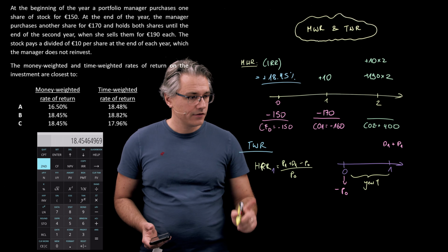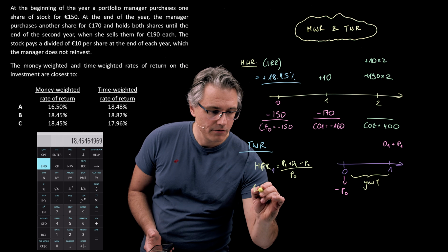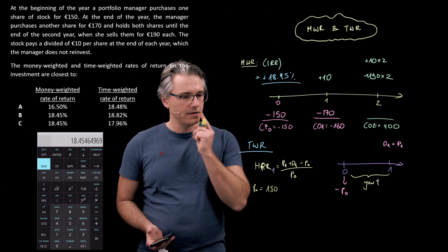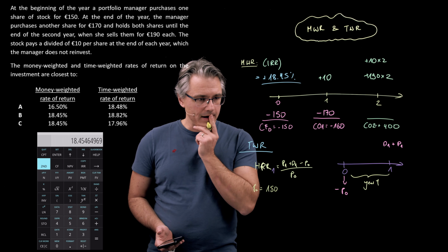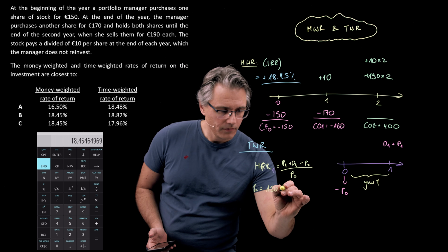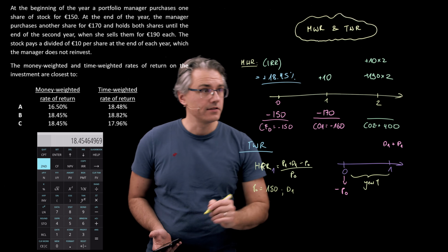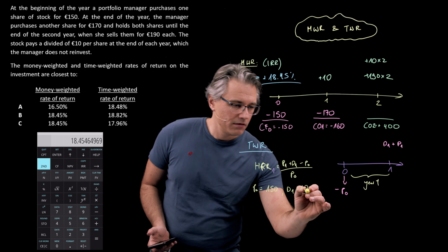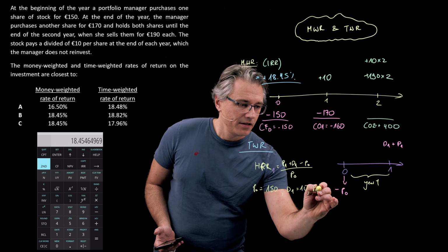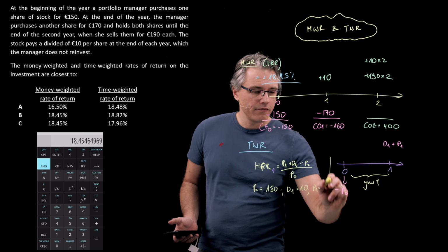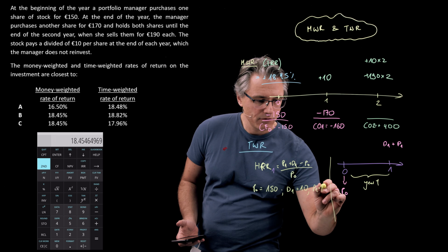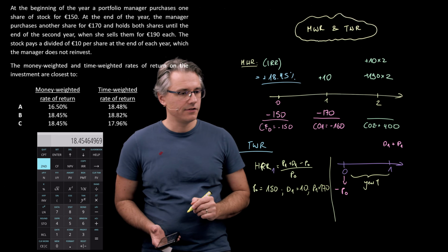So I've got a P0 equal to what? 150. That was the price initially paid. We've got a dividend at the end of the first year of 10. And obviously, we've got a P1, the price of a single share, for which we actually bought the second one, but that doesn't really matter. The shares were worth 170 at the end of the first year.